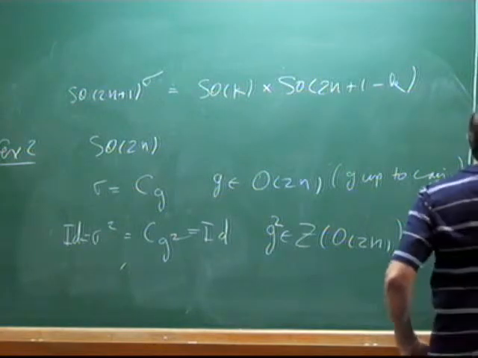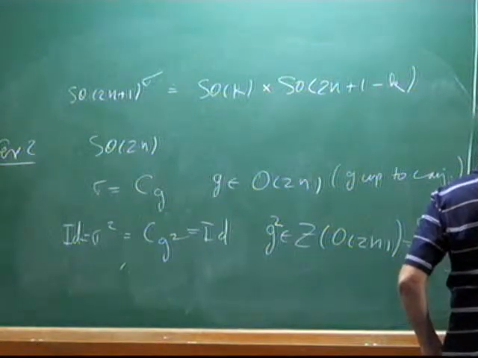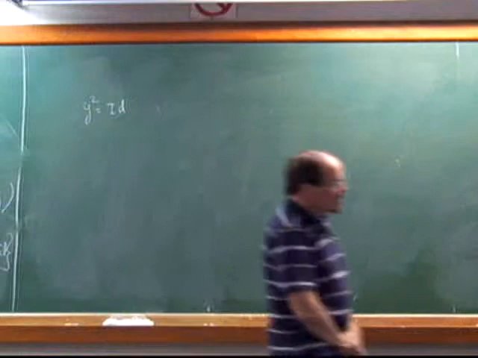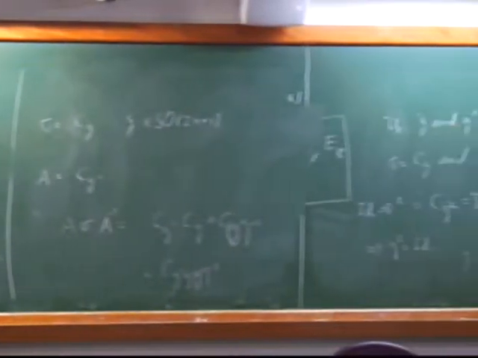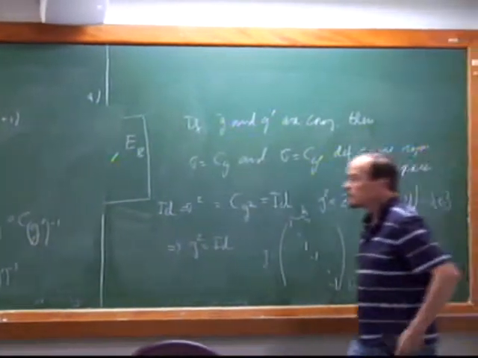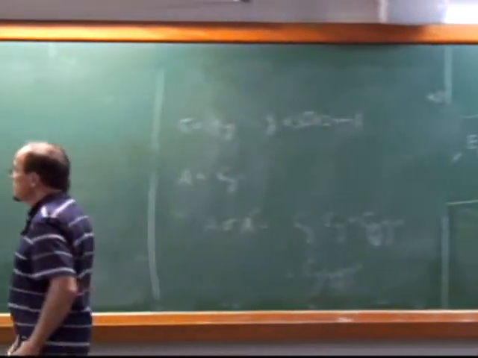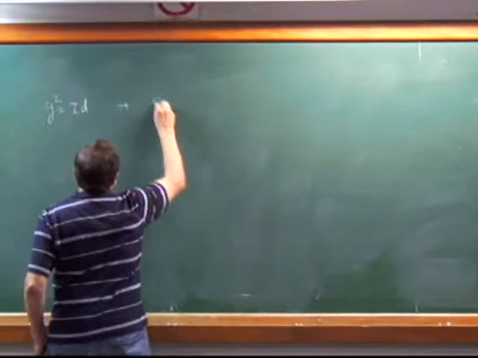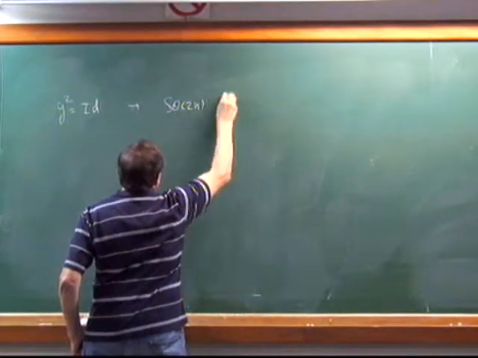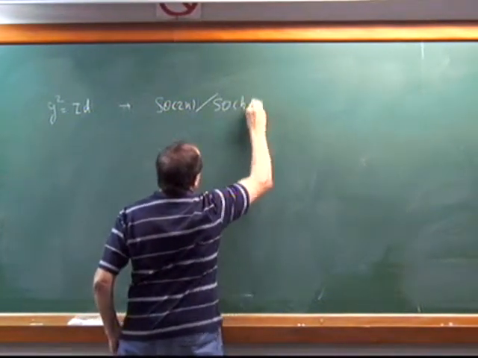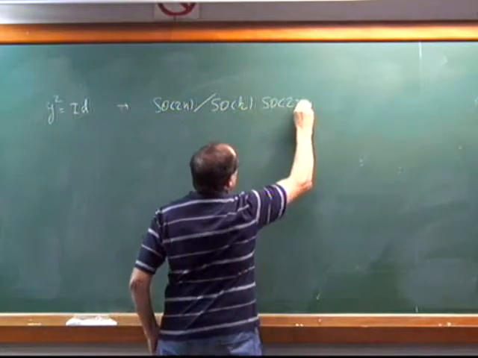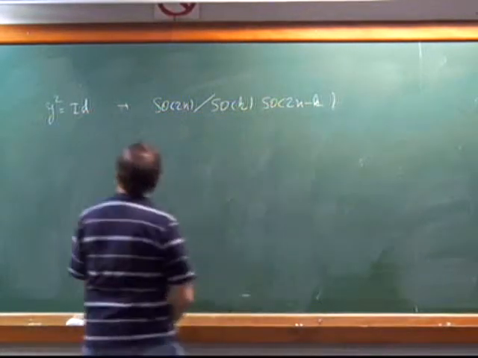Let's say G squared is plus identity. Then it continues as before. Then I'm in this case here. Up to conjugacy it looks like this, and the fixed point set is the Grassmannian. So in this case I get the Grassmannian, SO(2n) divided by SO(K) times SO(2n-K). That's my symmetric space.